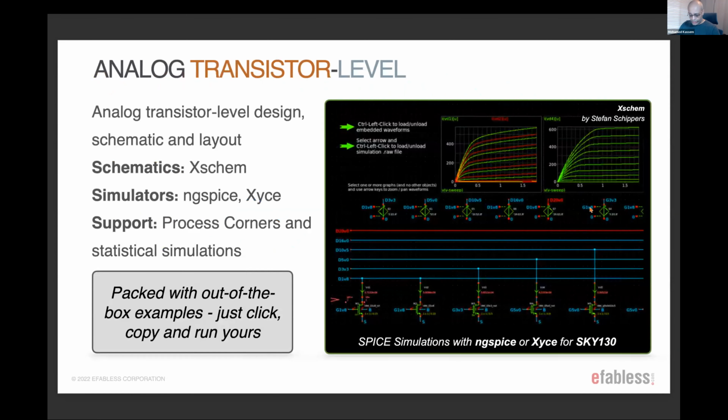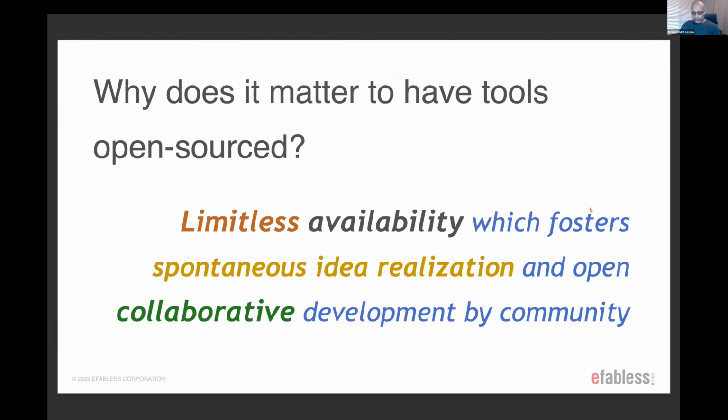We also have the tools in the analog space, so they're available and you can actually use this. And thanks to the community members around the world, in order to enable that to work, people are collaborating openly. They're not even part of a company. So why is it important to have the tools open source? It's again limitless availability.